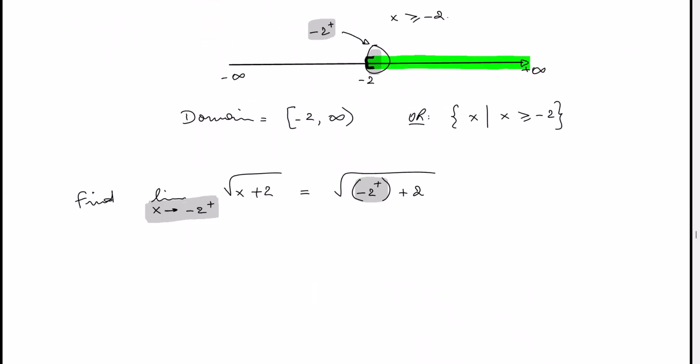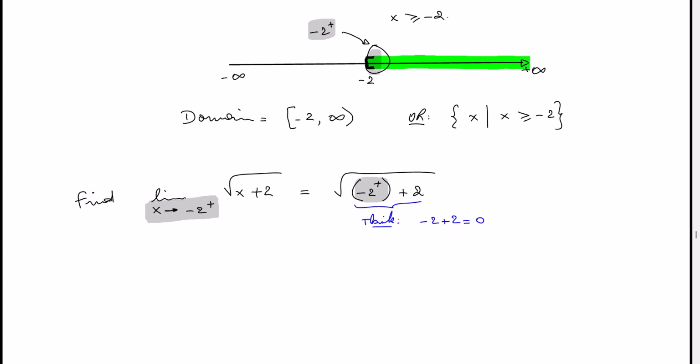Okay, so now that we've done that, we need to think about what's going on inside the radical. So what's happening with these guys? What are they equal to? Well, again, the idea is I need to think negative 2 plus 2. And when I think negative 2 plus 2, ignoring the plus for a second in the power, I get 0.